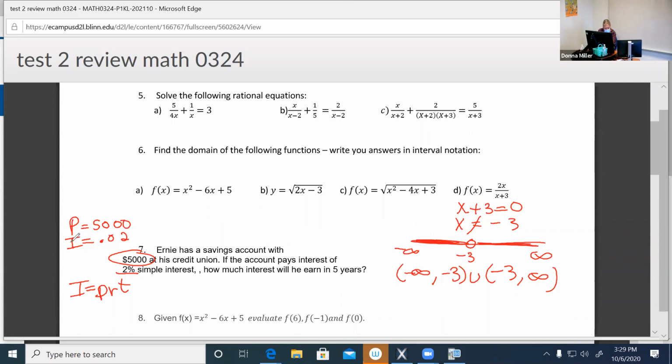Oh, sorry, that's not the interest, that's the rate. And 5 years is the time, right? So you just multiply 5,000 times 0.02 times 5. Tell me what you get. 500. Okay, so he gets $500 in interest.